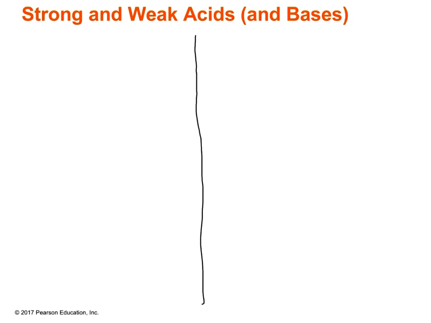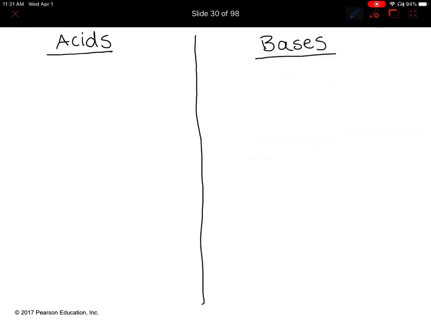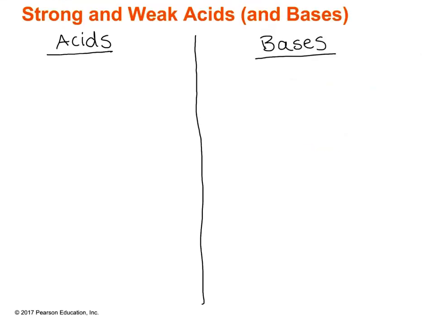And let's put acids on the left and bases on the right. Okay, and then let me change my marker color again, and we're going to put strong acids in blue, and we'll also put strong bases in blue.